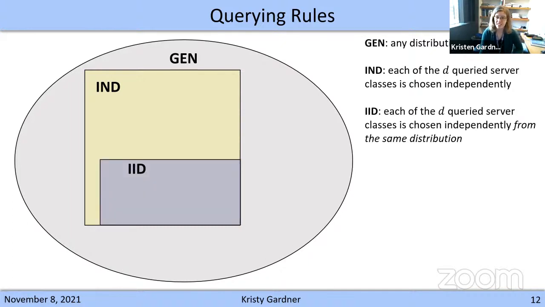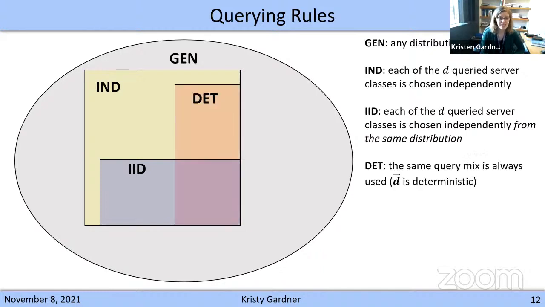Within IND, we have the IID query rule family. In IID, again, we're choosing each of our D queried server classes independently, but from the same distribution for each server that we query.